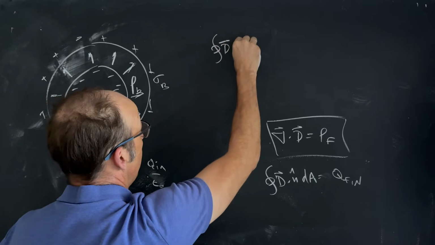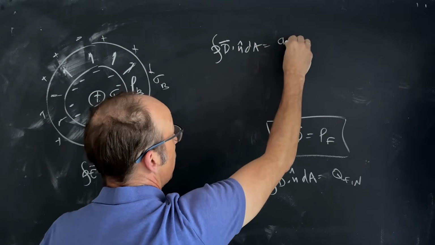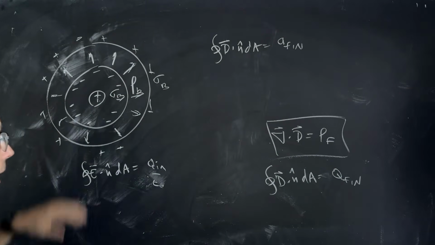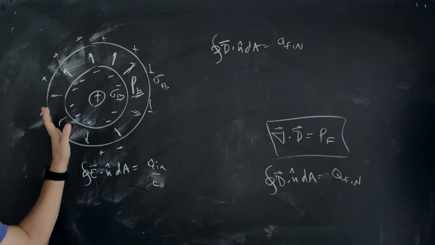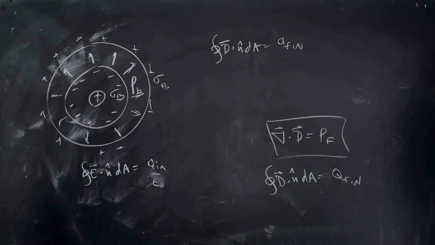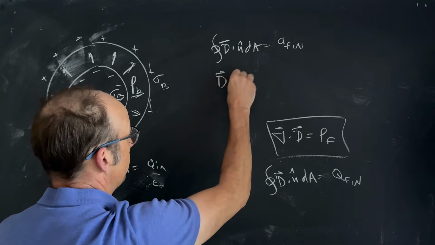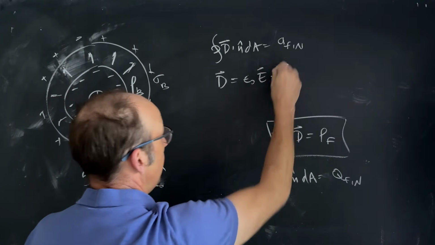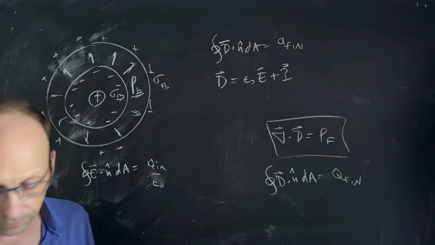D dot n hat dA is Q free in. And in this case, it doesn't matter about those bound charges. I just ignore them. And I get the displacement field is the same everywhere. But then if I want to go back and find the electric field, I would say, okay, now D is epsilon naught E plus P, and then I could use that to find the electric field. Okay, I'm not going to do that problem.